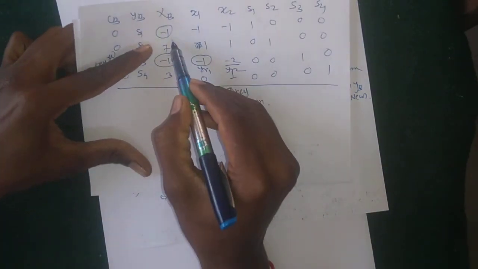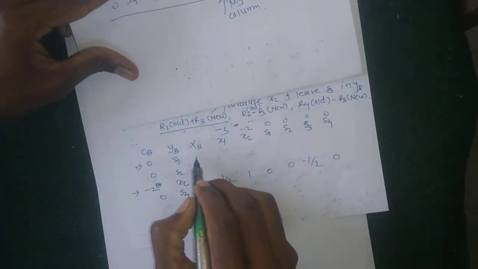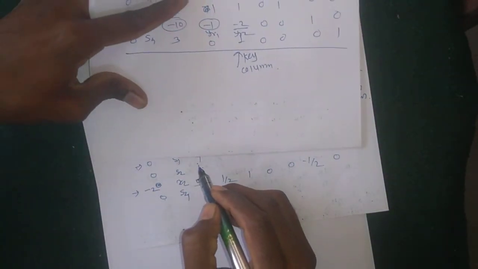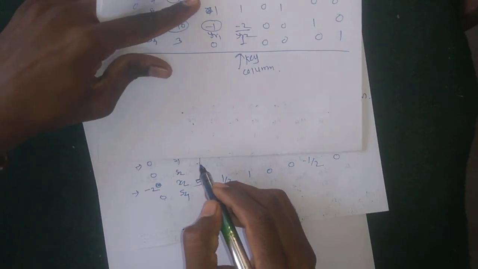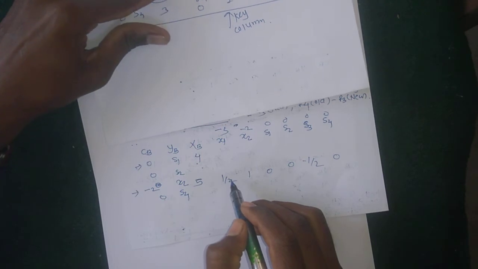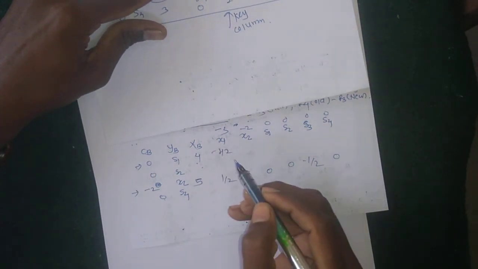So r1 plus r3, minus 1 plus 5 is 4. Then for x1 column, minus 1 plus 1 by 2 is minus 1 by 2.